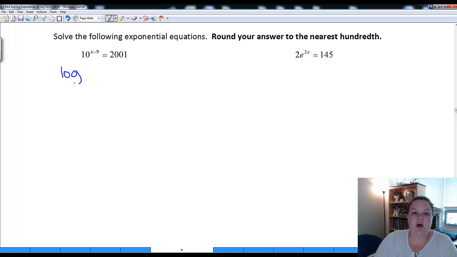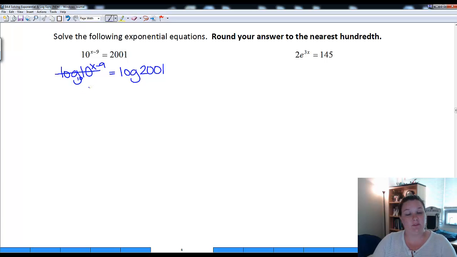So I'm going to do log of 10 to the x minus 9 is equal to log of 2001. So this is helpful because my log and my 10 are going to cancel because this is log base 10 and log base 10 of 10. They're inverses, so they cancel out, and I'm left with x minus 9 equals log of 2001.